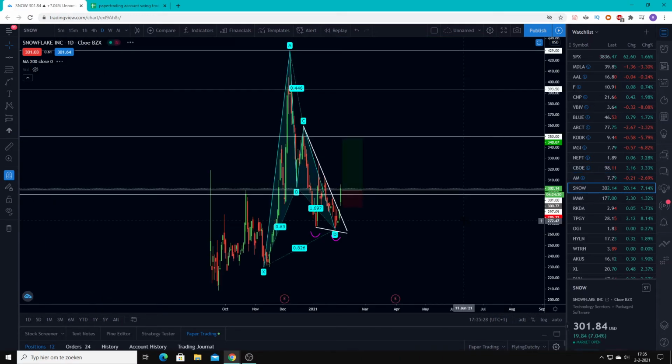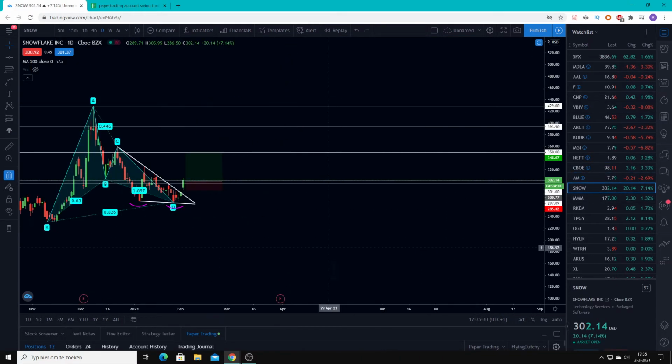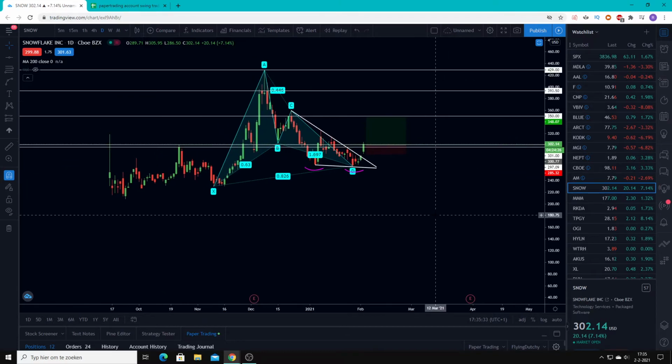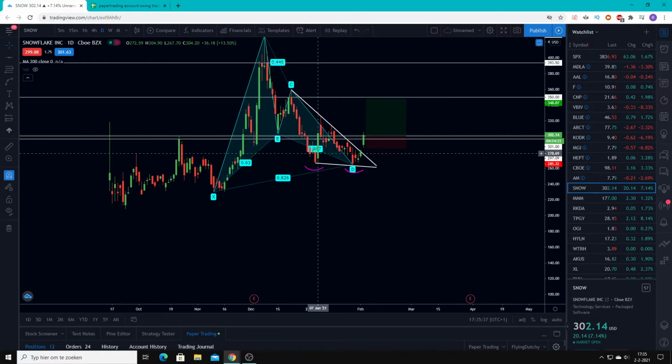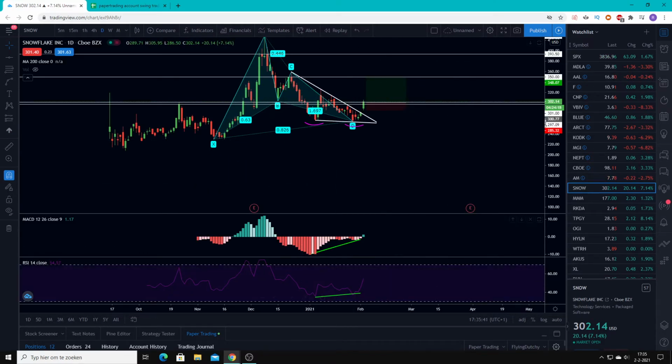I also wanted to enter SNOW, but it looks to be too late. Look at this, guys. A Gartley into a triangle with a double bottom with bullish divergence. I mean, what do you want more? This is fantastic.